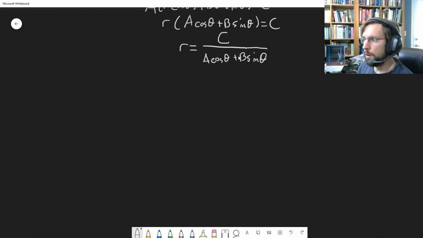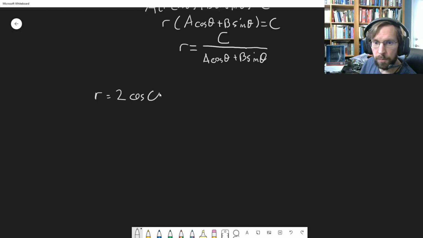Okay, so there's a few other common curves you should know in polar form. Let's look at a couple of these. So we want r equals 2 cosine theta. What I'm going to do is start by making a table, and then we can plot the points.